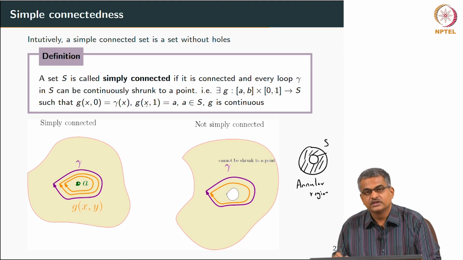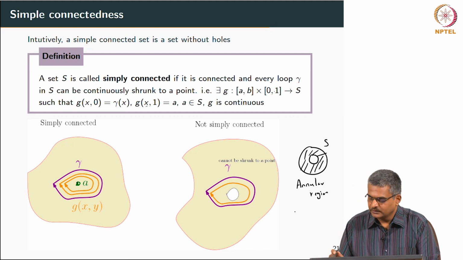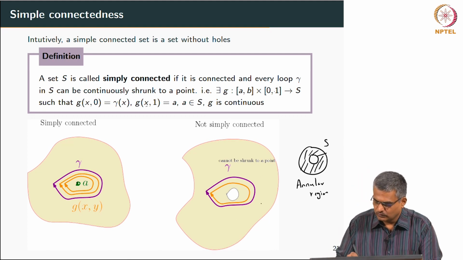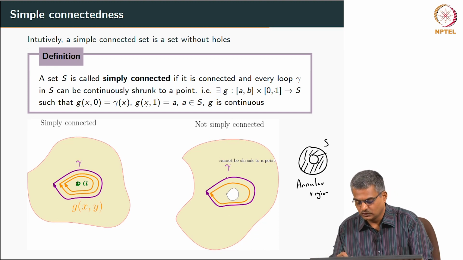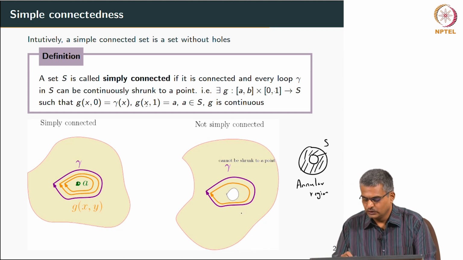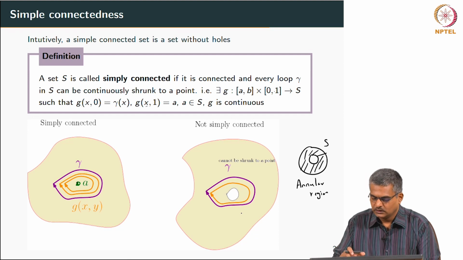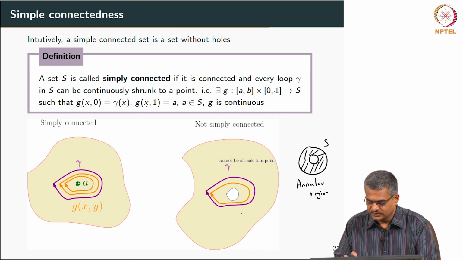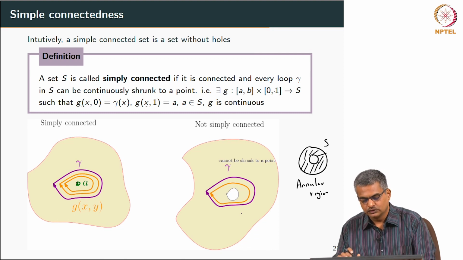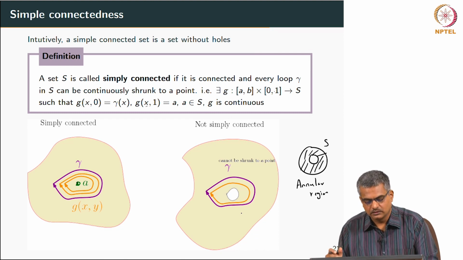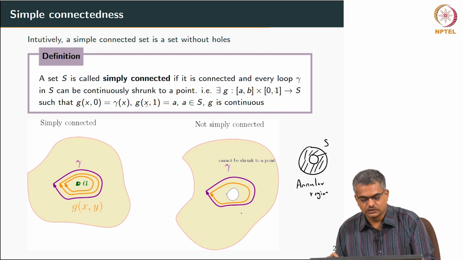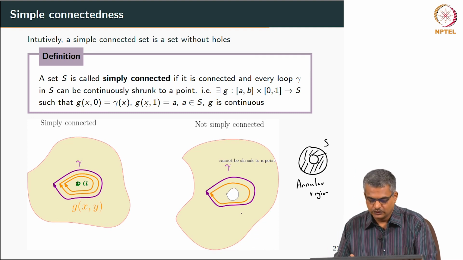The annular region is not a simply connected set, because no matter what closed curve you take, you will never be able to find a continuous function which shrinks this curve to a point belonging to the set, right. This notion of simply connected set is going to be used when we talk about periodic solutions, right.